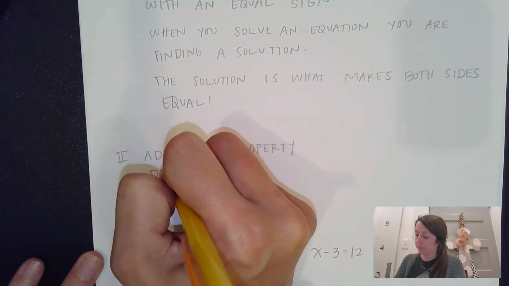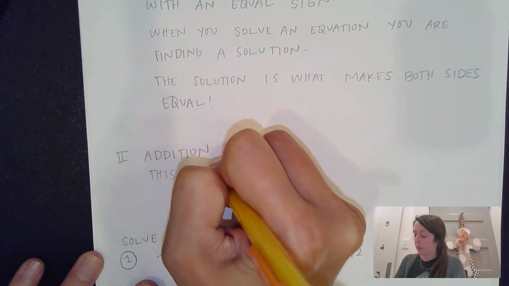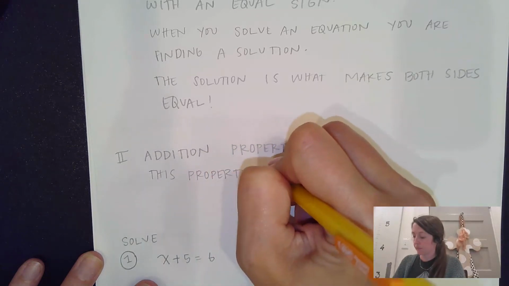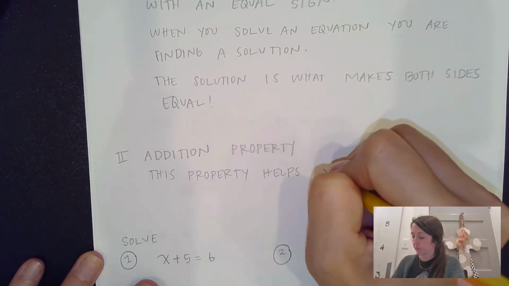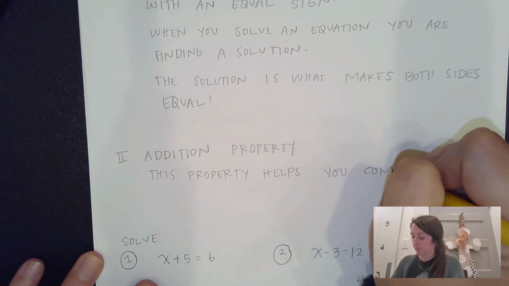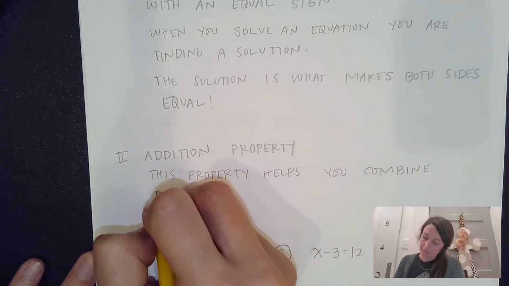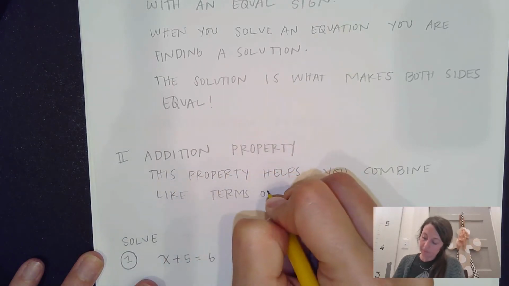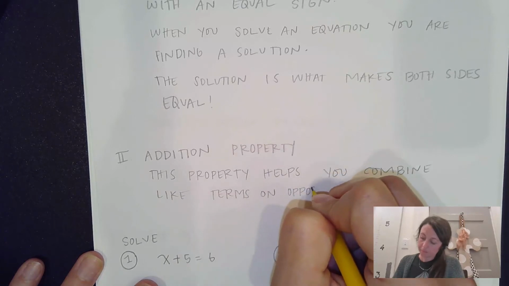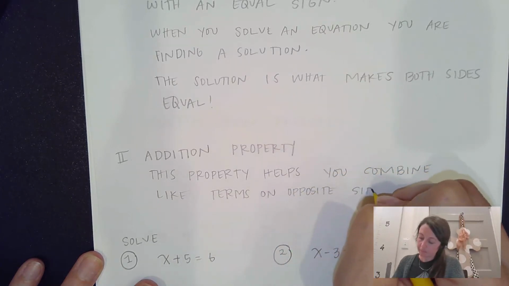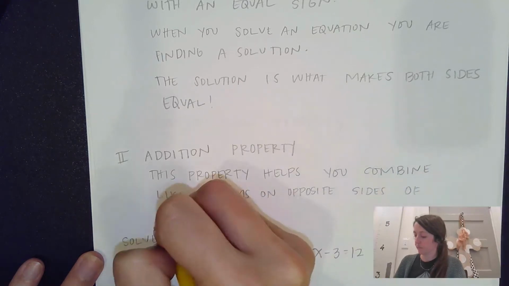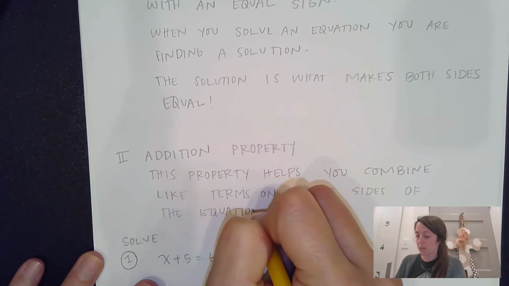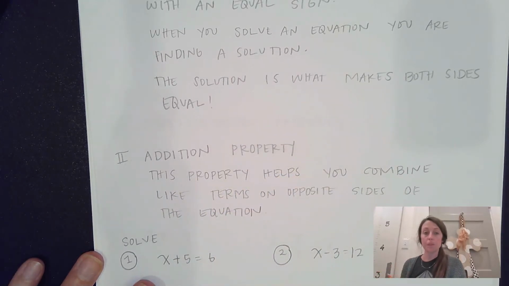So this property helps you combine like terms on opposite sides. When you are combining like terms on opposite sides of the equation, you're going to do the opposite operation.